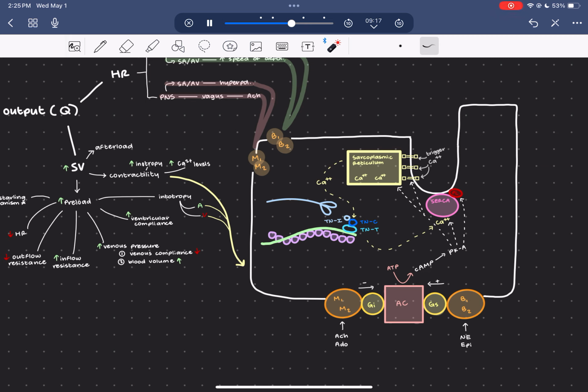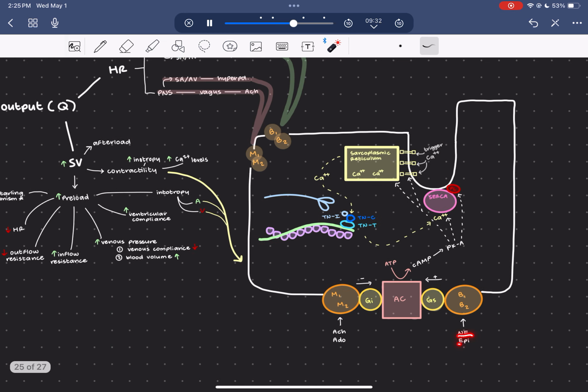So say we have our M1 and M2, it's going to signal the G inhibitory protein to cause kind of less activation of calcium to be used, whereas on the other side we have norepinephrine and epi that are going to be used and bind to beta 1 and beta 2 receptors, which actually stimulate our G protein, and it's going to cause more ATP to be used, allowing more calcium to be used, more muscle contraction, and this makes sense because of SNS activity.